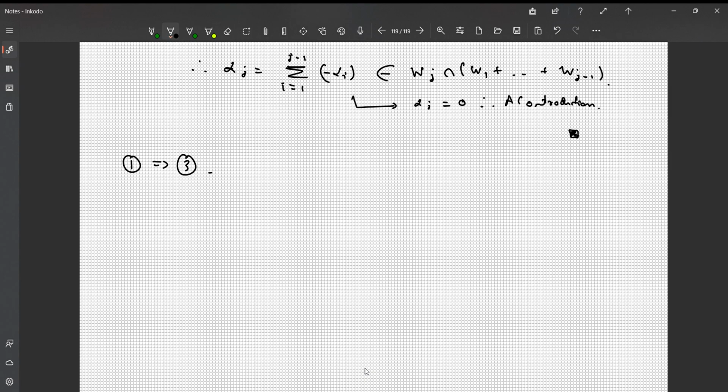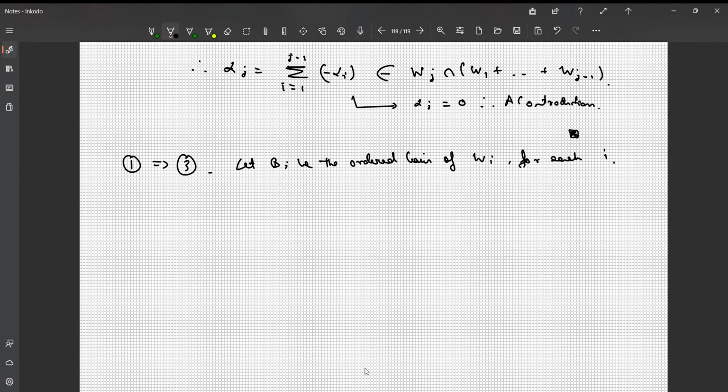What we do is, let Bi be the ordered basis of Wi for each i. I'm not mentioning the index range anymore.